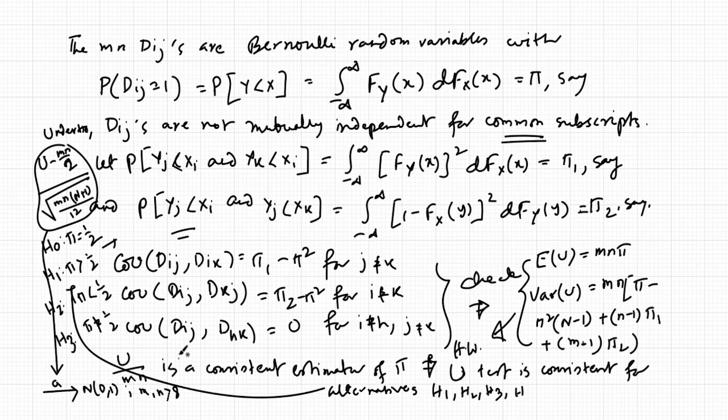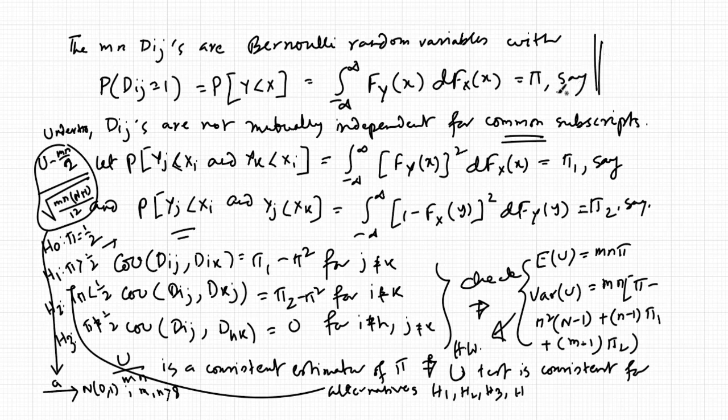Note that it is considered the best non-parametric test for location, since the asymptotic relative efficiency of the U test is very high. So it is the best non-parametric test for the two sample location problem.